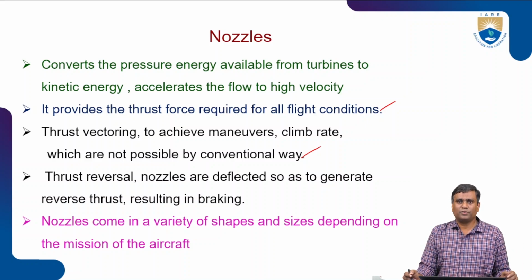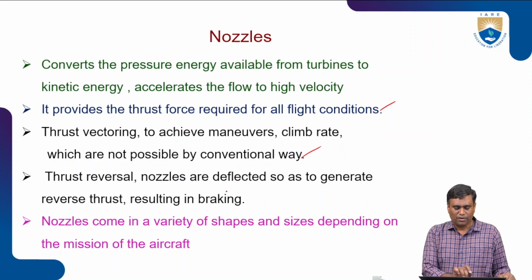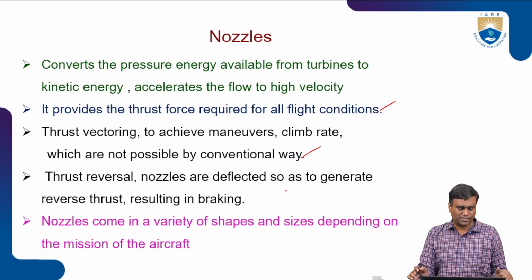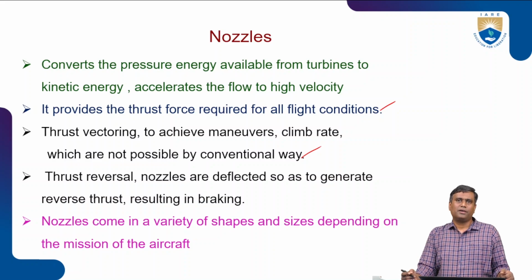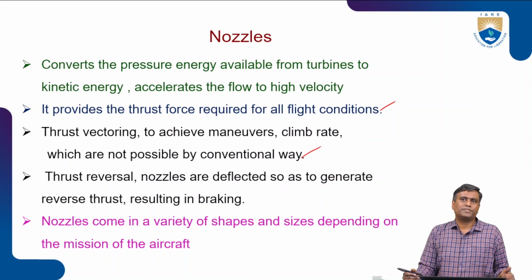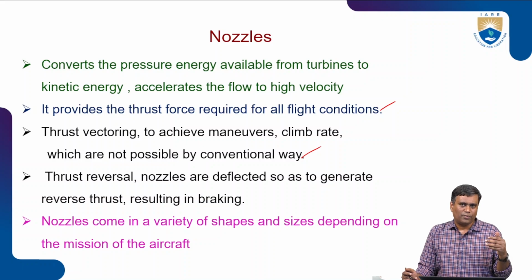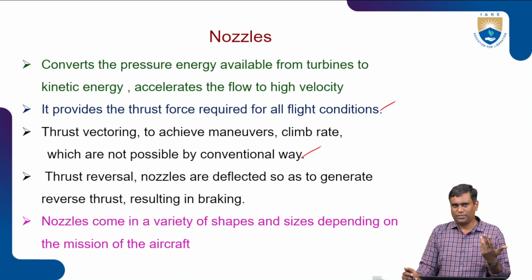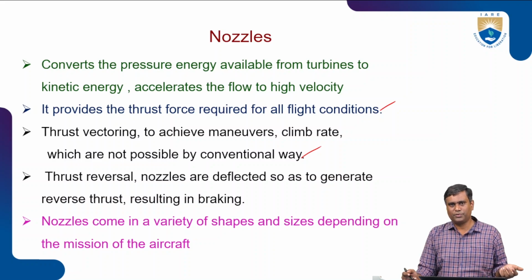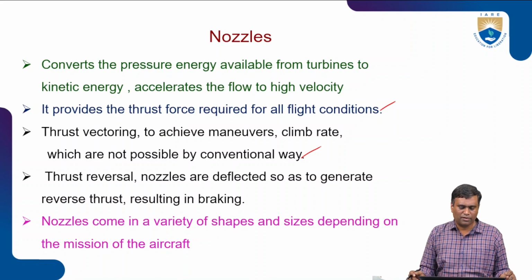Thrust reversal is also possible: nozzles are deflected so as to generate reverse thrust. Nozzles come in a variety of shapes and sizes depending on the mission of the aircraft and, of course, the thrust required. The nozzle shape can also be changed or modified as per the altitude, right? Such nozzles are also available.